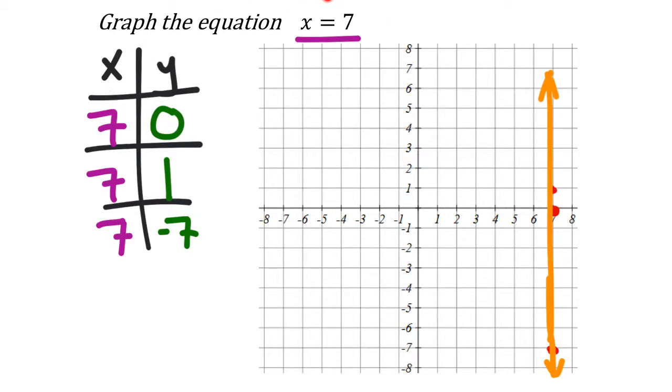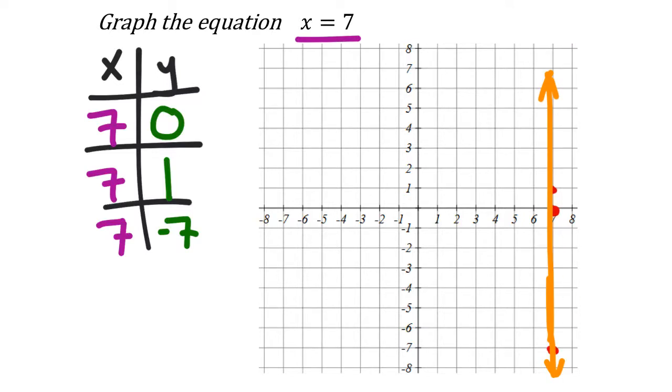Like I replace the x with 7. There's nowhere to replace the y, so I don't have to worry about what value I choose for y. Like I said, I just chose these values randomly. You could have said, well, 0, -2, and 8, or whatever values you want to choose. But when you graph them again, you should see a straight up and down line when it's x equals whatever number it is.